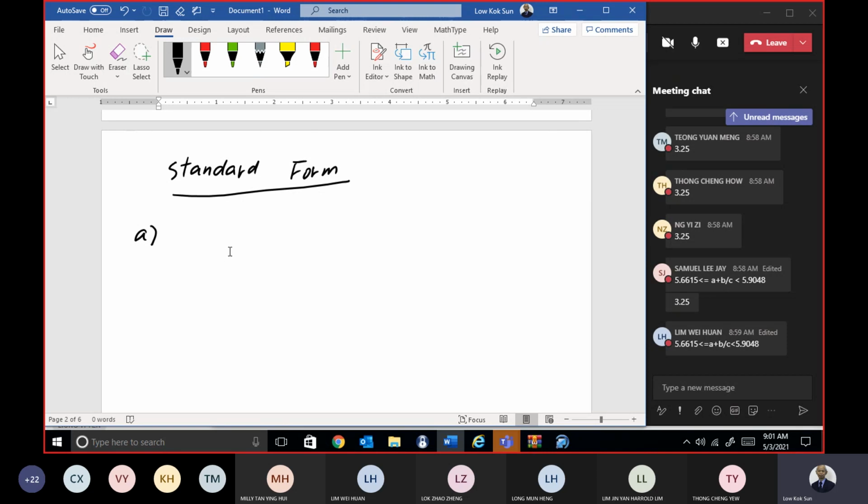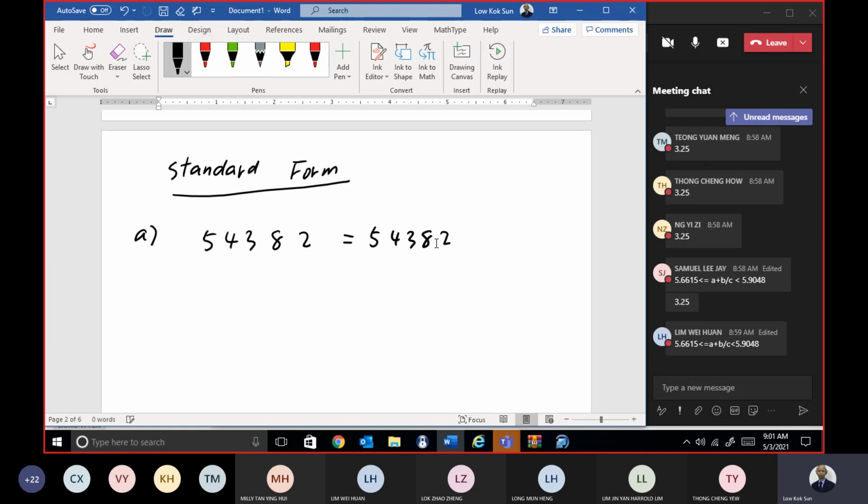Now, when you are given a number, let us say I put down 5, 4, 3, 8, 2. It could be even a bigger number. So, if you have a very big number, we always like to put it into standard form.